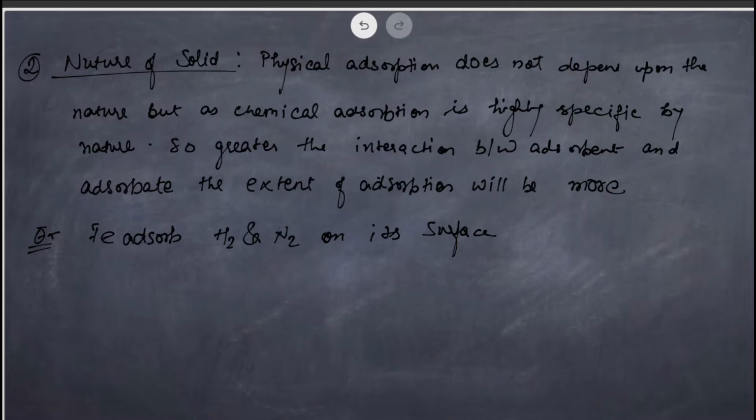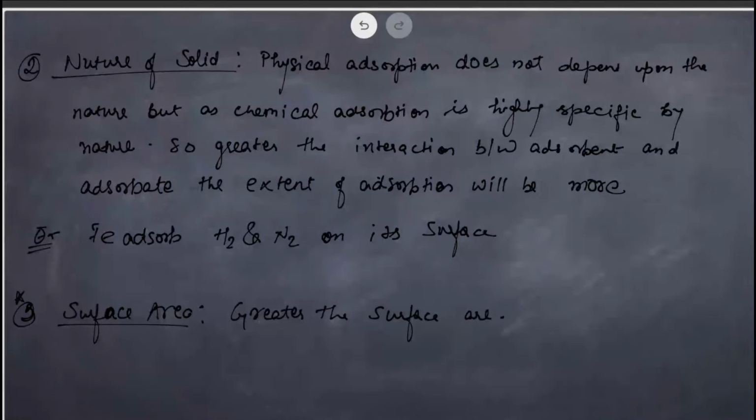Now the third factor, which is the most important according to me, is surface area. This is very important. Okay. The greater the surface area, the greater will be the absorption.